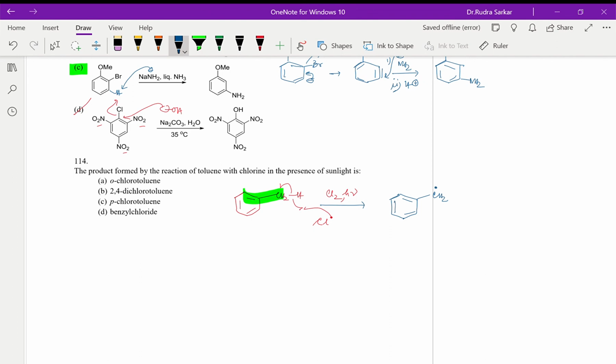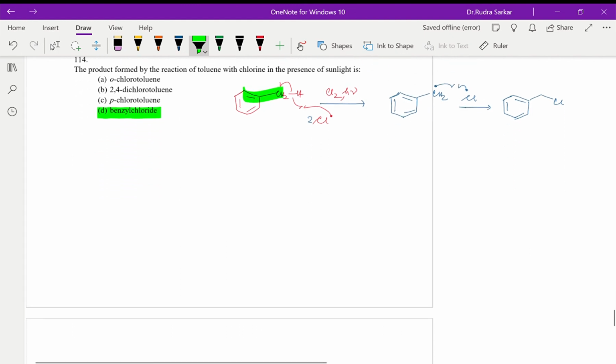This unit altogether is a benzyl radical, which can undergo resonance stabilization, which we are not showing over here. There is another Cl radical within the medium, and that can react with this to give benzyl chloride. And D should be our answer over here.